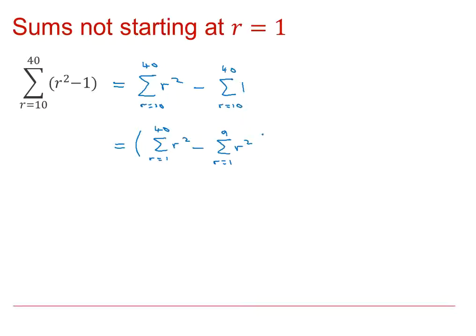So that will leave the terms from 10 to 40. And likewise we can do a similar thing on the sum of 1. So we want the sum of 1 from 1 to 40, and the terms that we don't want is the sum of 1 from 1 up to 9.